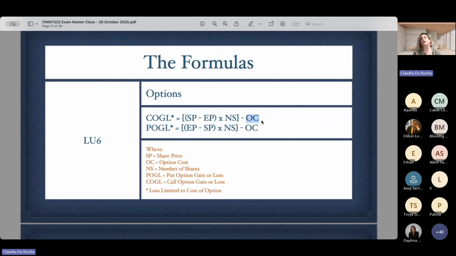Your exercise price is a value in the future that we're saying we're expecting this option to be, I'm going to peg it at X value. The original cost is how much you pay for it. The exercise price is the price representing the underlying share that the option is pegged against.